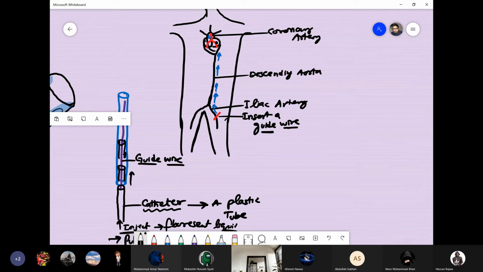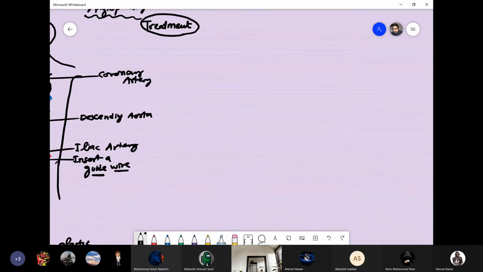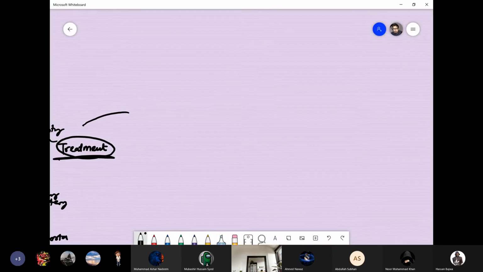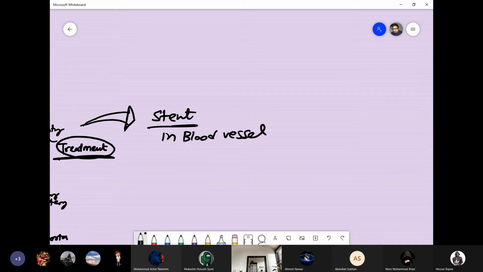The question is how they will make it wider. For that purpose, they have angioplasty, which I told you is the treatment. Now, angioplasty is the process in which they put a stent in the blood vessel.